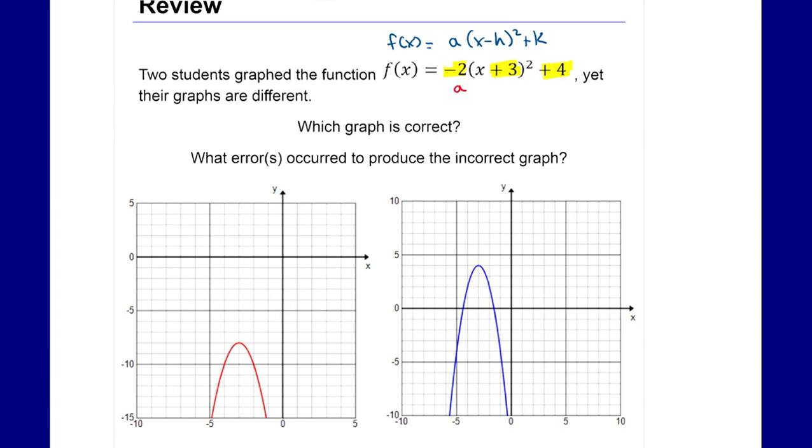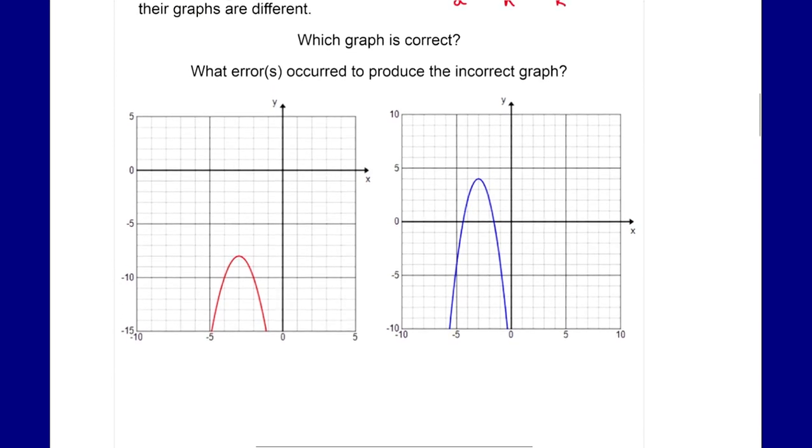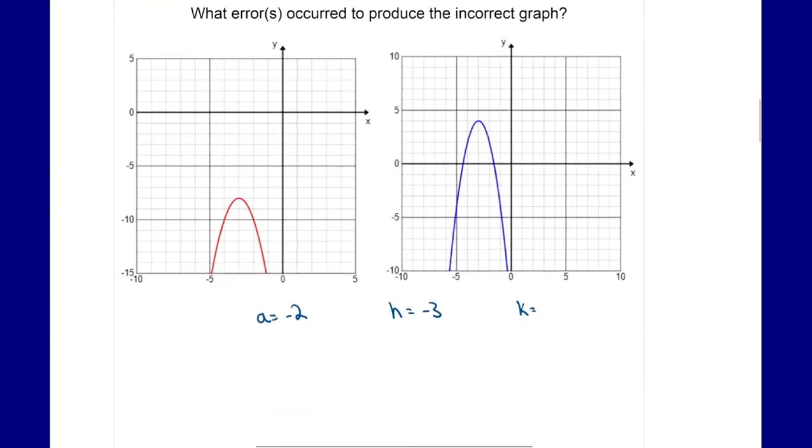I have an A, an H, and a K, one of each. If I look at A, my A value is -2. My H value, remember, is the opposite of what we see, so -3. And my K value is equal to 4.